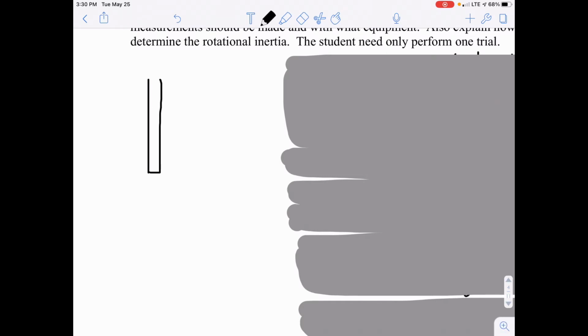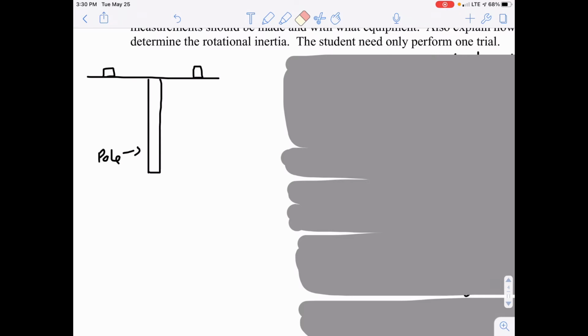You've got the pole, you've got the meter stick attached to it, you've got your masses somewhere on there. It doesn't matter because you could use this for any of the scenarios. But let's say this whole thing has the ability to rotate because the pole is on top of a ring stand. This meter stick will rotate horizontally, basically.